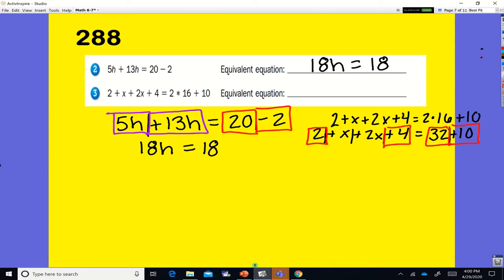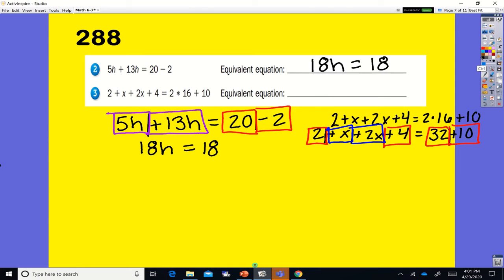And then my coefficients, my variable and my number, is going to be, let's do blue. And then we figure this out.